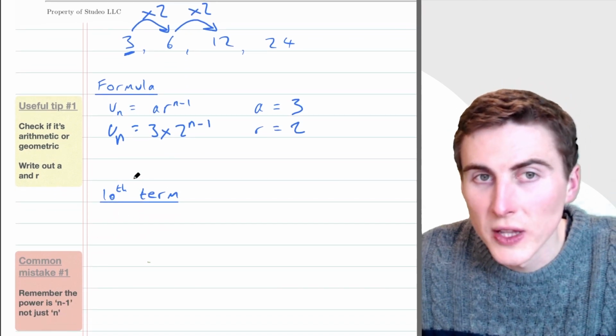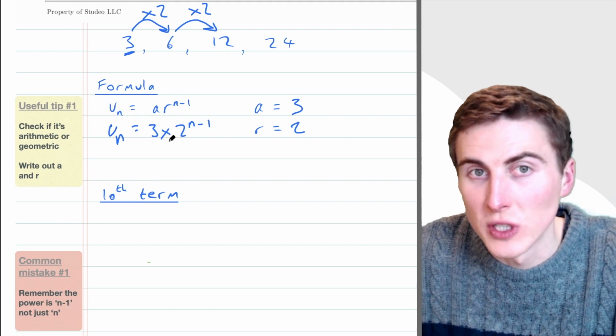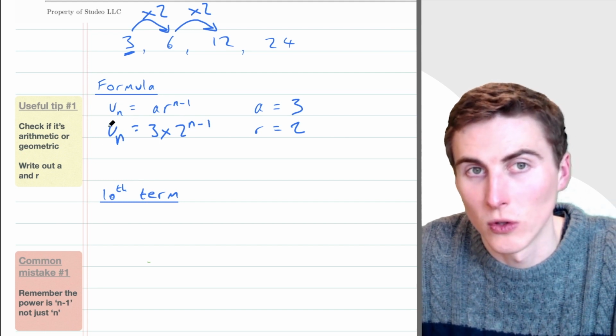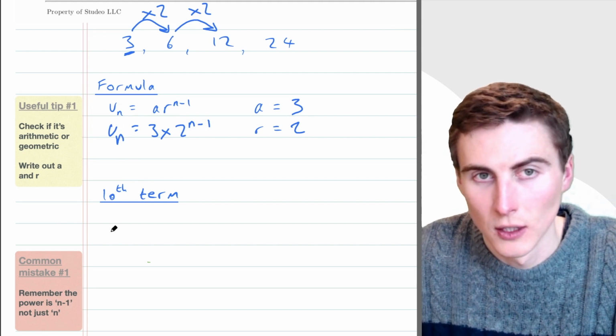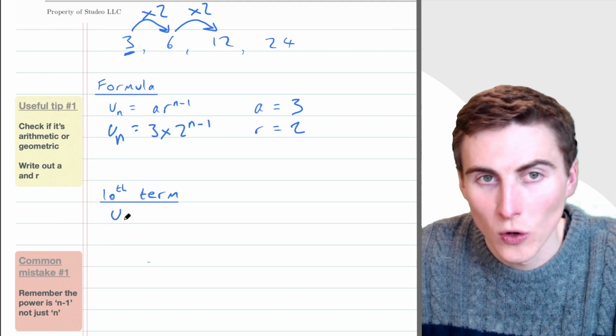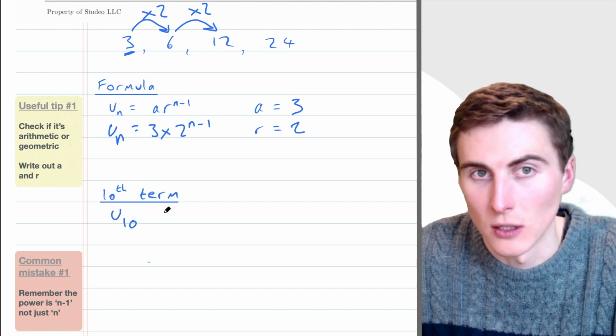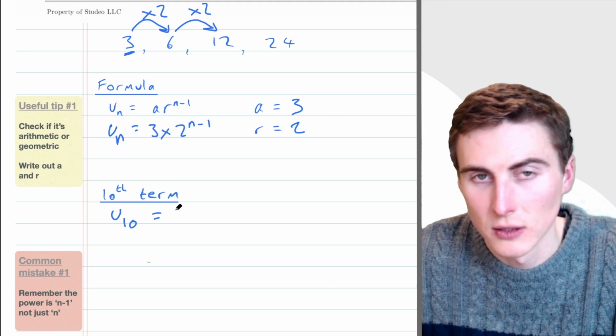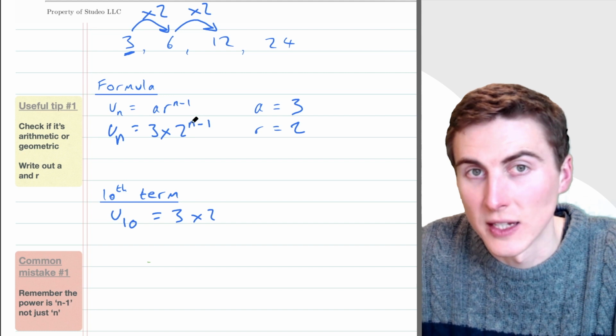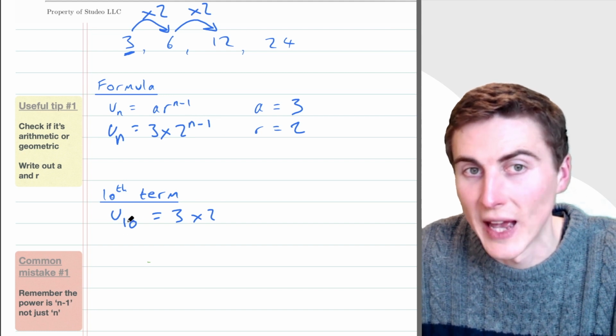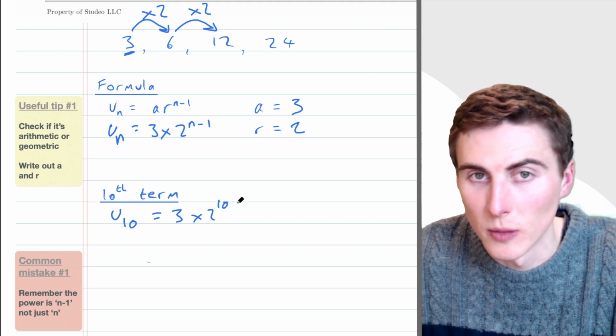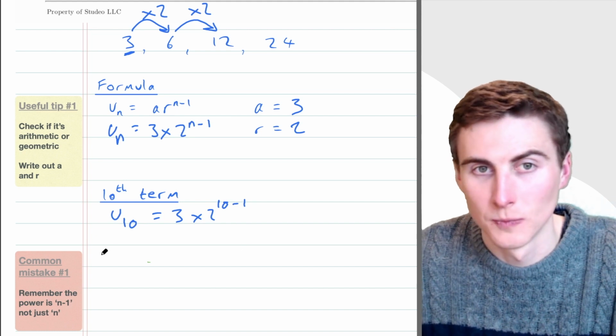So when we want to find the 10th term, we're going to use this formula to find out what the term is when n is 10. So we can say that u_10, that means the 10th term, equals 3, because a is still 3, times 2. And then the power here, we would do n minus 1. So n is 10, because we're looking for the 10th term. So 10 minus 1.